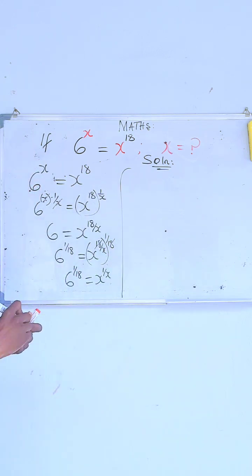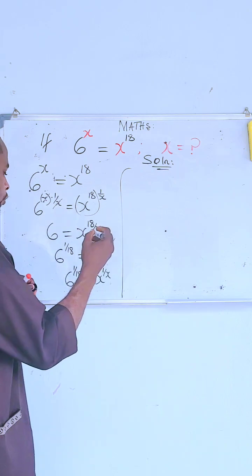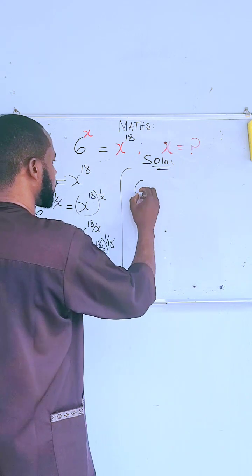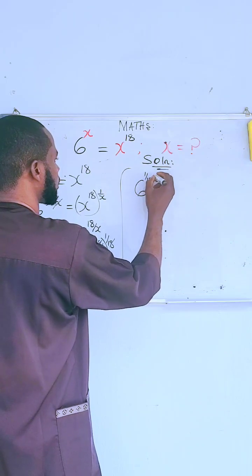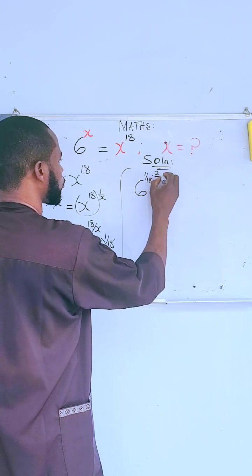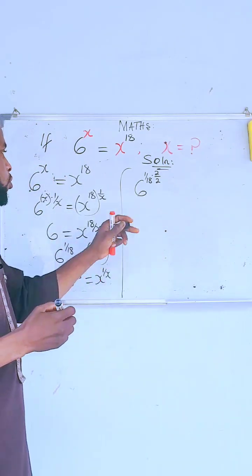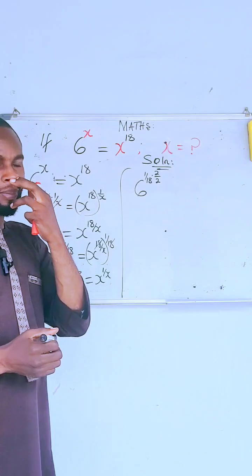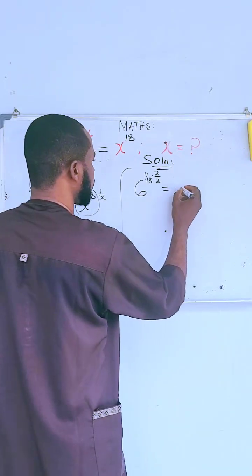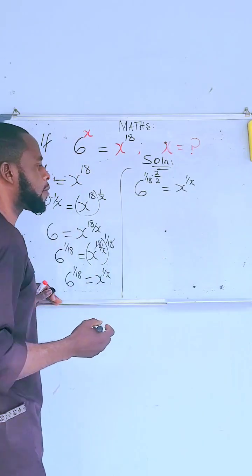Now, note that there's nothing wrong if I express this 6 to the power of 1 divided by 18 multiplied by 2 divided by 2. Okay, 2 divided by 2 will give you 1, so this still remains the same, and it equals x to the power of 1 over x.